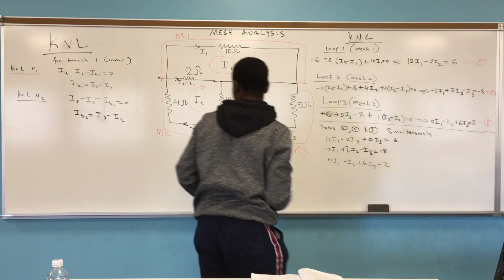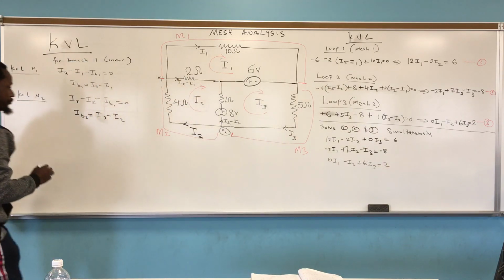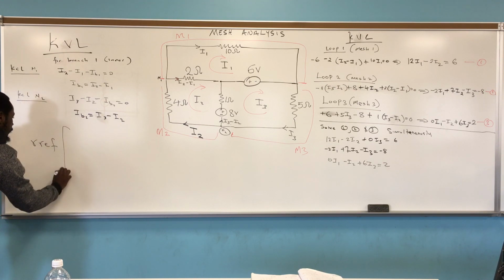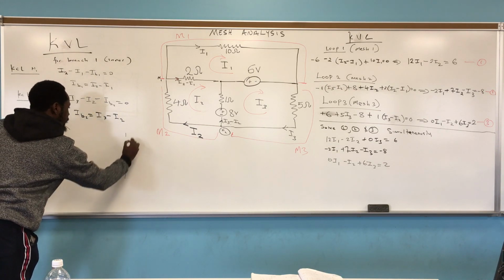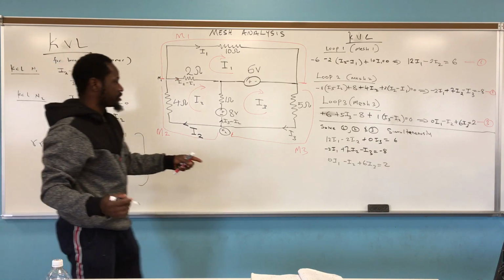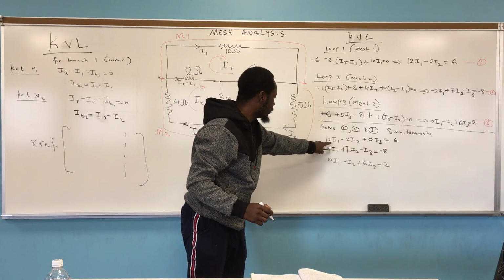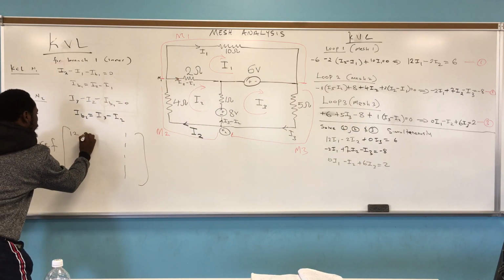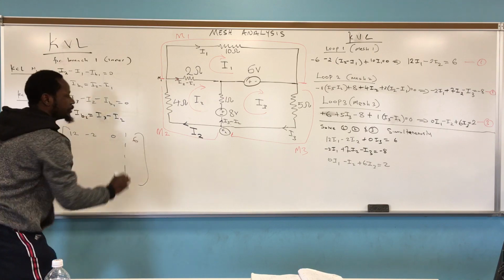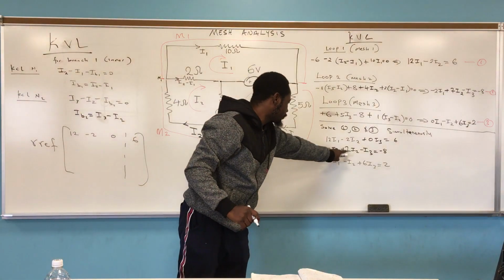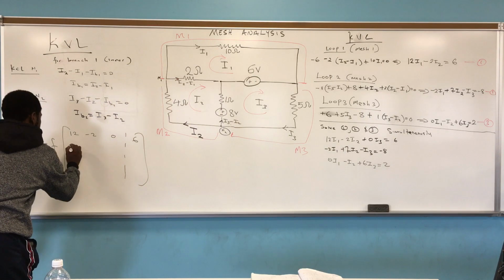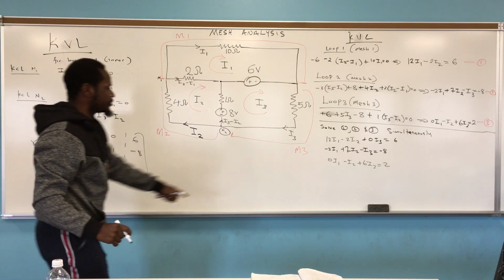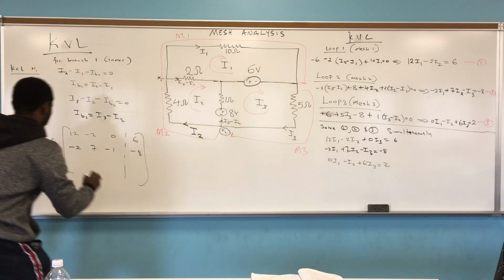We're going to solve them simultaneously. You can decide to just do RREF, reduced row echelon form, for the augmented matrix. You can use your calculators. The first row is 12, minus 2, 0, 6. Then minus 2, 7, minus 1, minus 8. And the last one is 0, minus 1, 6, 2.